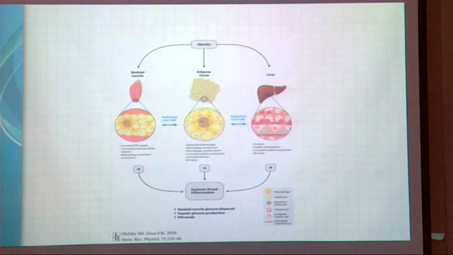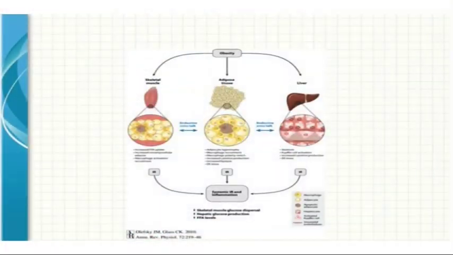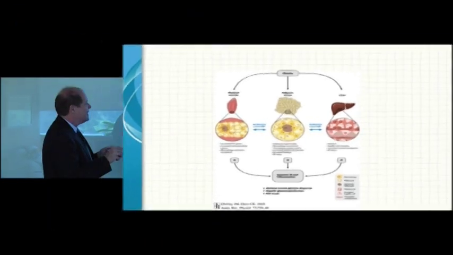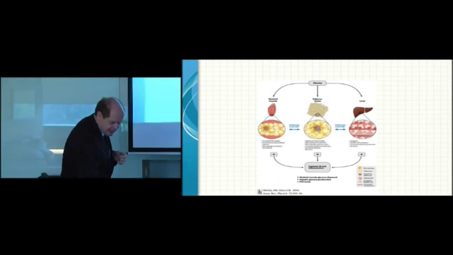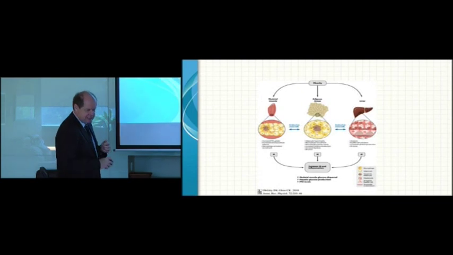Here you see the yellow cells, these are macrophages which activate the immune system, and then this will also disturb the metabolism in the liver and in the muscle. I will come to that point in more detail in a second.